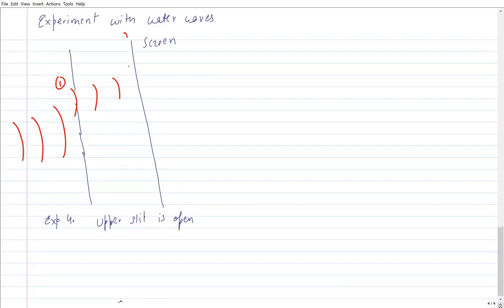Let's say I have a tiny piece of cork or a wooden plank over here, and as the water waves hit the surface, this cork goes up and down, and I measure the height of the cork, h, and I know that the intensity of the wave is proportional to the amplitude squared, or the height squared.